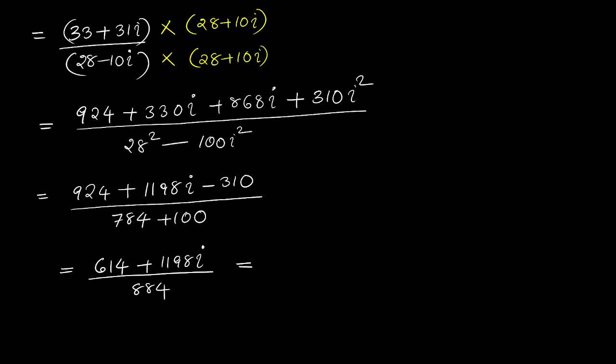So let me split into two: 614 by 884 plus 1198 by 884 i. Here in the numerator and denominator, you may do some small simplification, but that is not necessary. Anyway, the final answer is written in the standard form, a plus bi form.